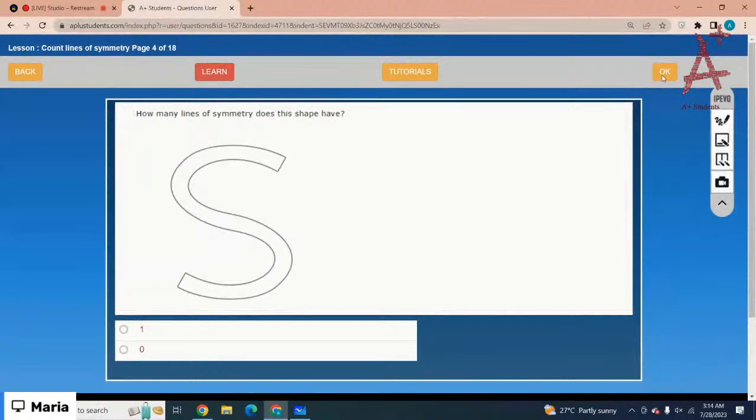How many lines of symmetry does this shape have? Zero. The correct option is zero.